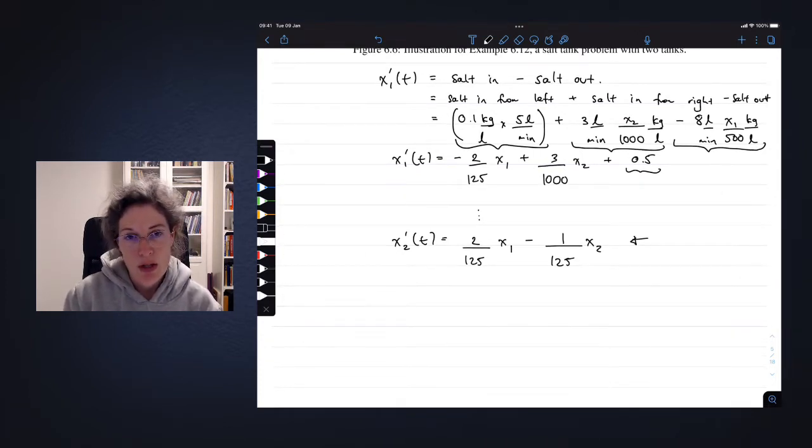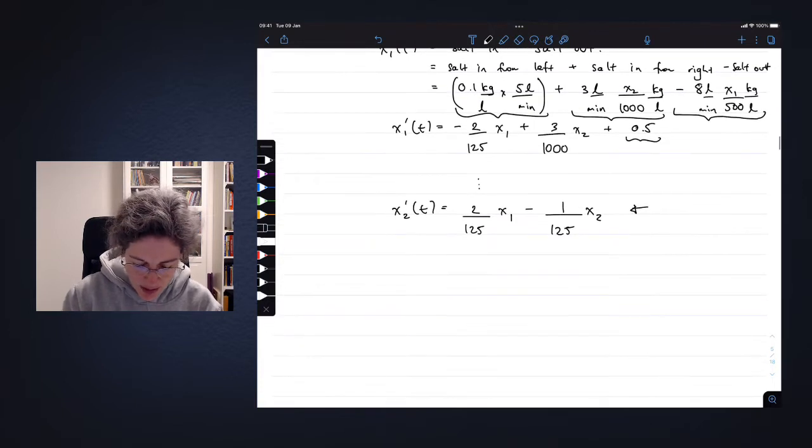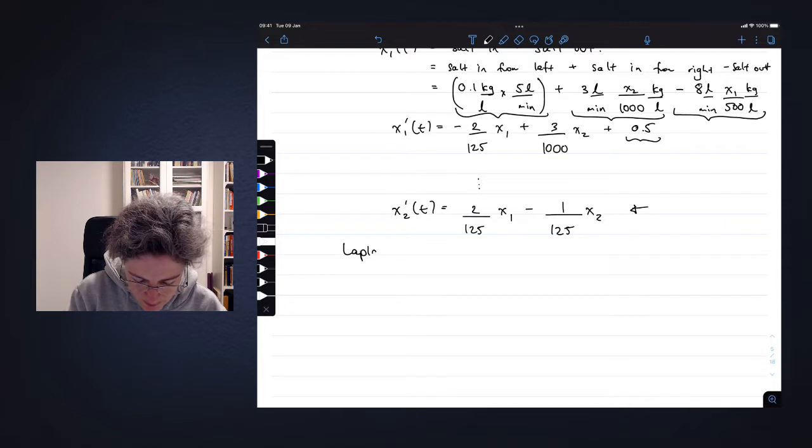So we need to use a technique where we're going to try the Laplace transform idea. So if we do the Laplace transform, what do we get?